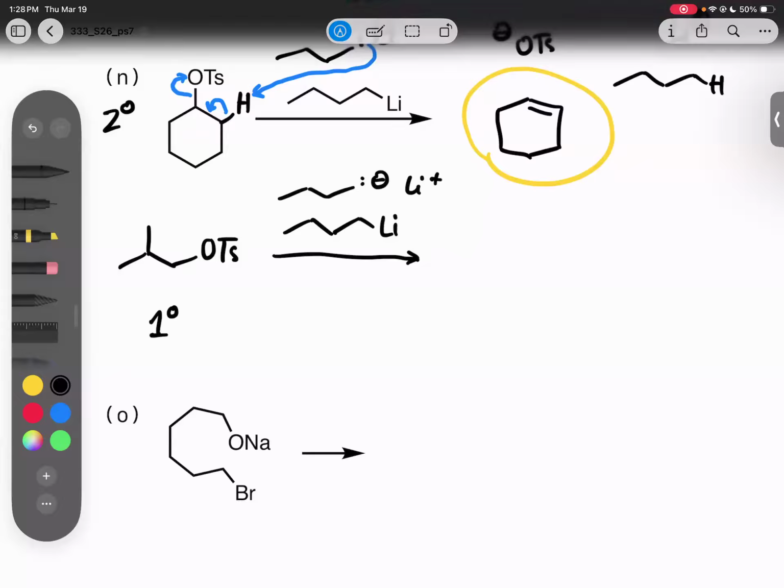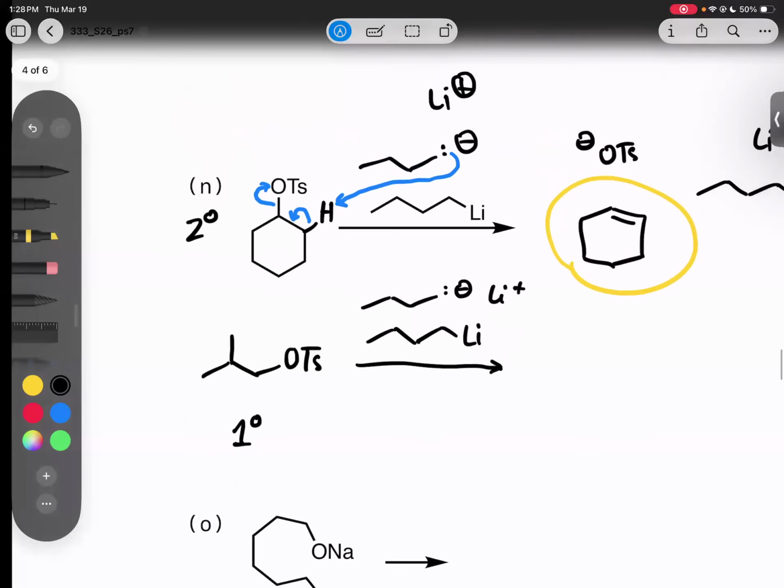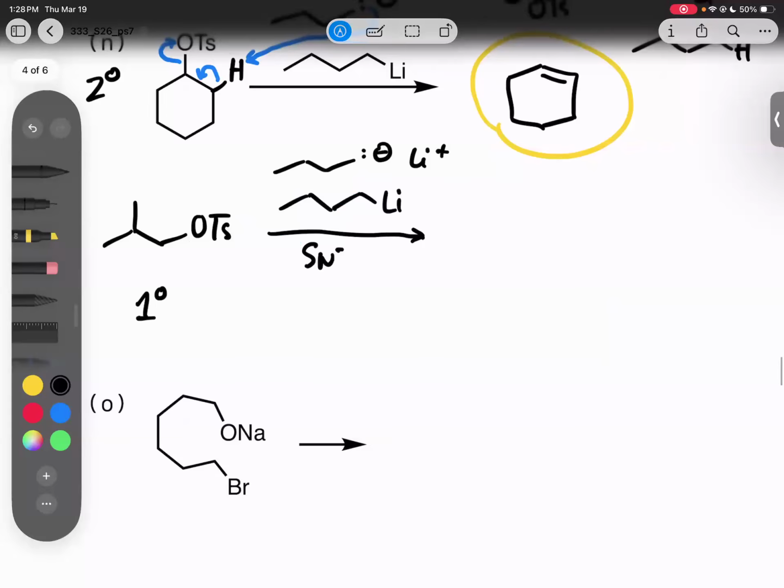Because we have a primary alkyl halide, it's not an alkyl halide anymore, but it's going to act the same way. Because we have a primary substrate, now we actually are going to do an SN2. So for SN2, the nucleophile, we're going to go for that carbon. It's our nucleophilic attack.